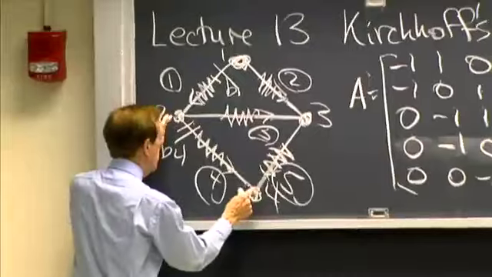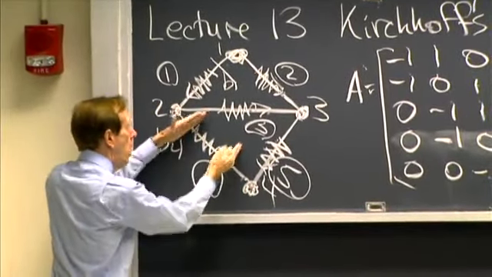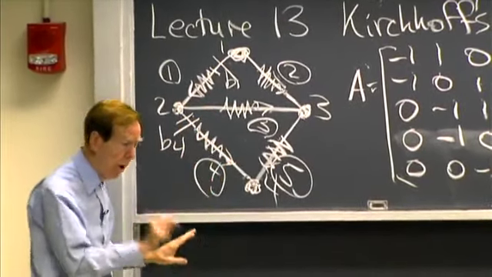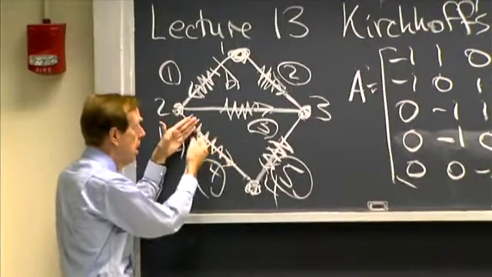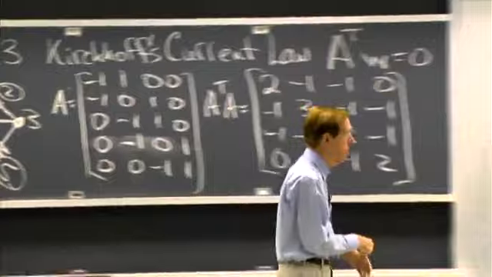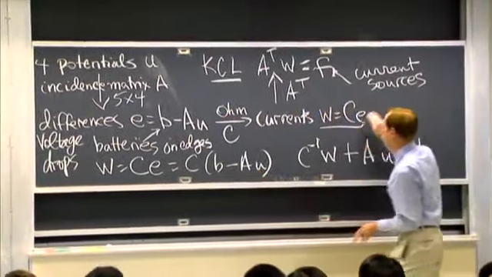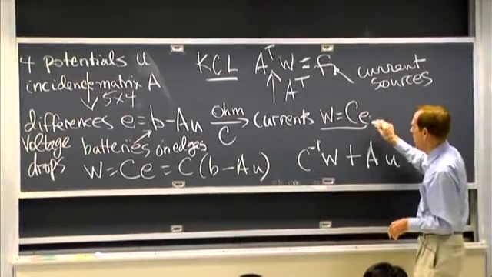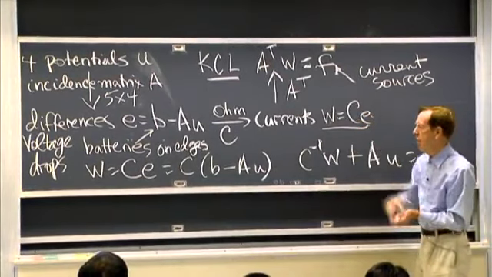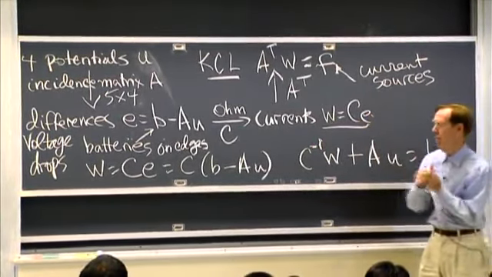Combining the AU, the difference in these potentials, with the B4, I'll know the voltage drop across the resistor. And that's what Ohm's law applies to: the voltage drop across the resistor times the conductance gives the current. So that's the physical law. Is that okay, for batteries?